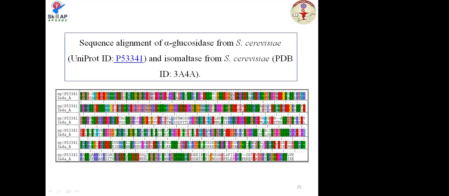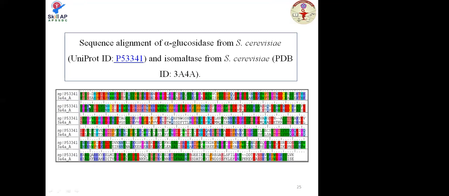Here you can see the sequence alignment of alpha glucosidase from Saccharomyces cerevisiae and isomaltase from Saccharomyces cerevisiae. Here SP P53341 represents the query sequence, that is the alpha glucosidase enzyme amino acid sequence. 3A4A represents the PDB ID of the template, the template we found through BLAST.